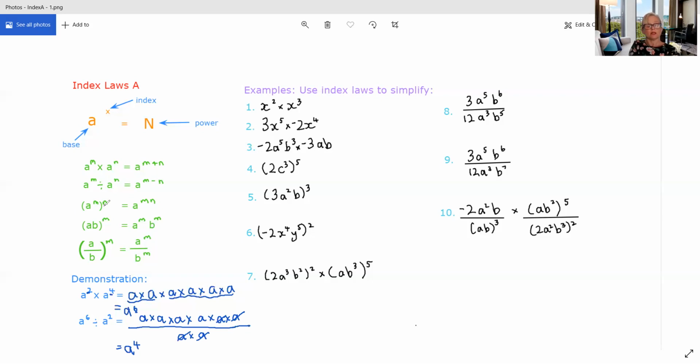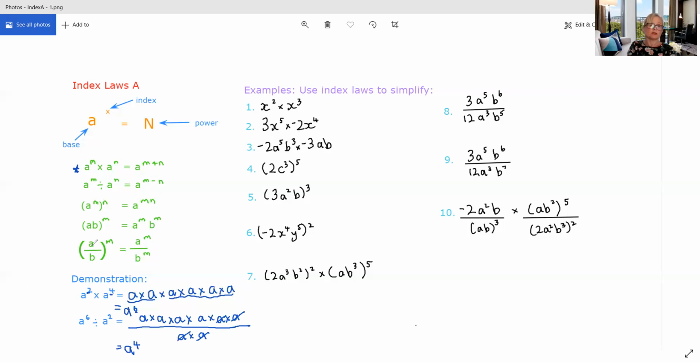a to the m to the n is an extension of that first index law. If you've got n factors of a to the m, it's like a squared by a squared by a squared by a squared by a squared. You're going to be multiplying those indices.